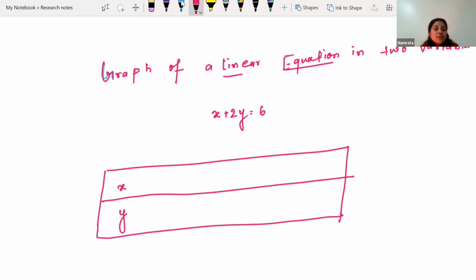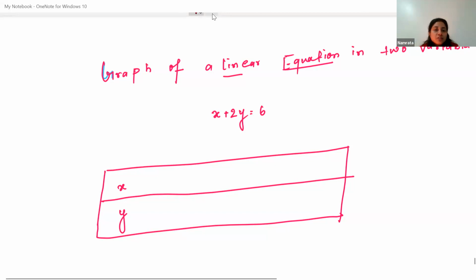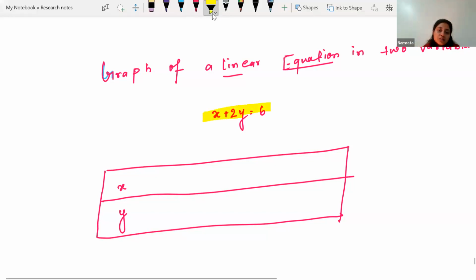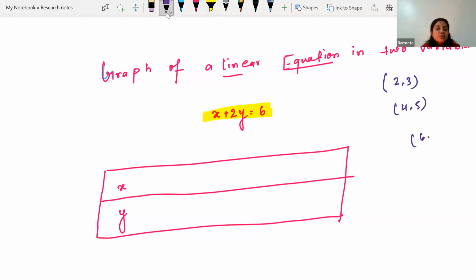Here what we are having in hand is just this linear equation. We don't have any coordinate in the format of 2 comma 3, maybe 4 comma 5, maybe 6 comma 11, so that we can locate it here and join them.